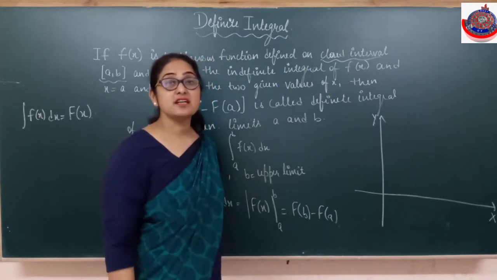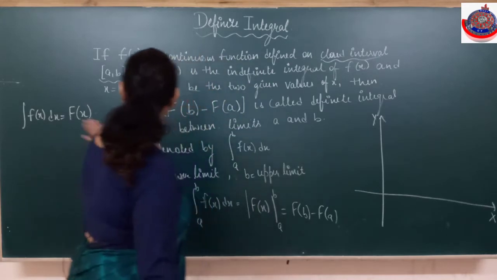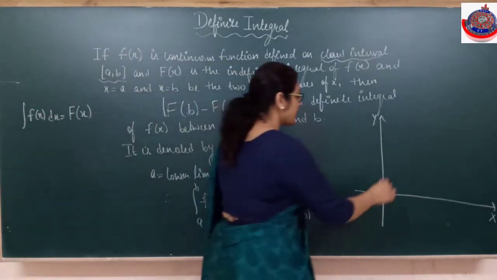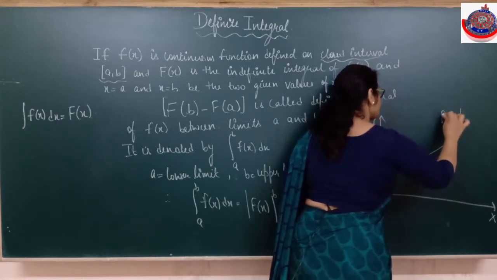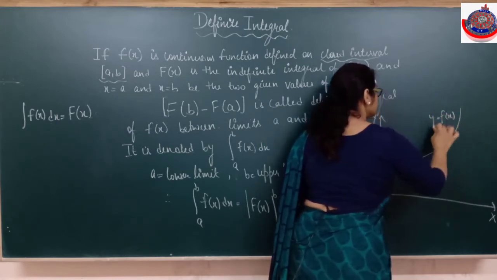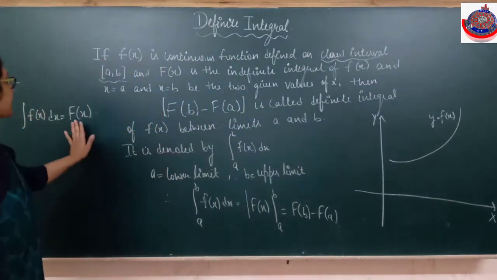It represents the curves and all, you did. Remember? Fine. Suppose right now this f(x) is represented by this curve. This is f(x). Alright, clear? Now if I integrate, I am getting F(x).